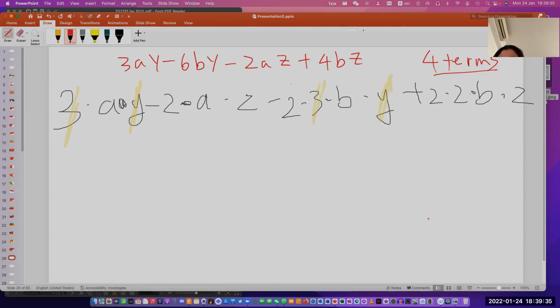No, you need to group them first. If you are telling me you see a 3y here, and then you see a 3y after the second term, then you better group them first next to each other. It's easier. You park them side by side before you do the factorization.